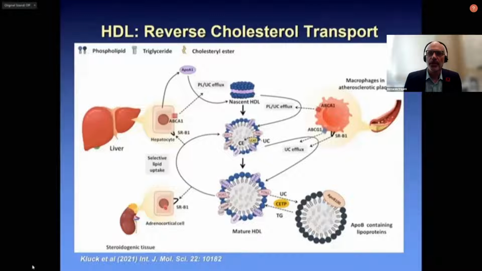So I'll begin with this diagram showing the main steps involved in the formation and metabolism of HDL. HDL begins with the production of its major protein component, apolipoprotein A1, which is primarily synthesized in hepatocytes and secreted into circulation.